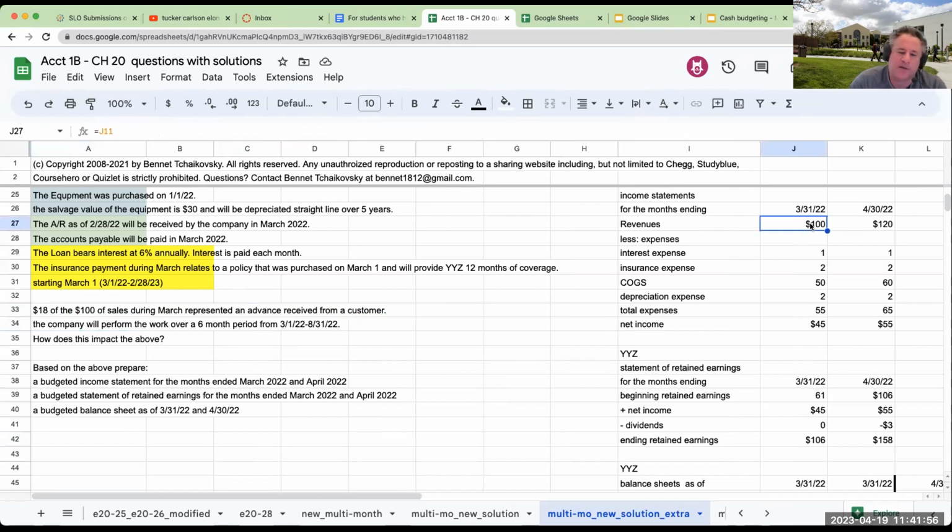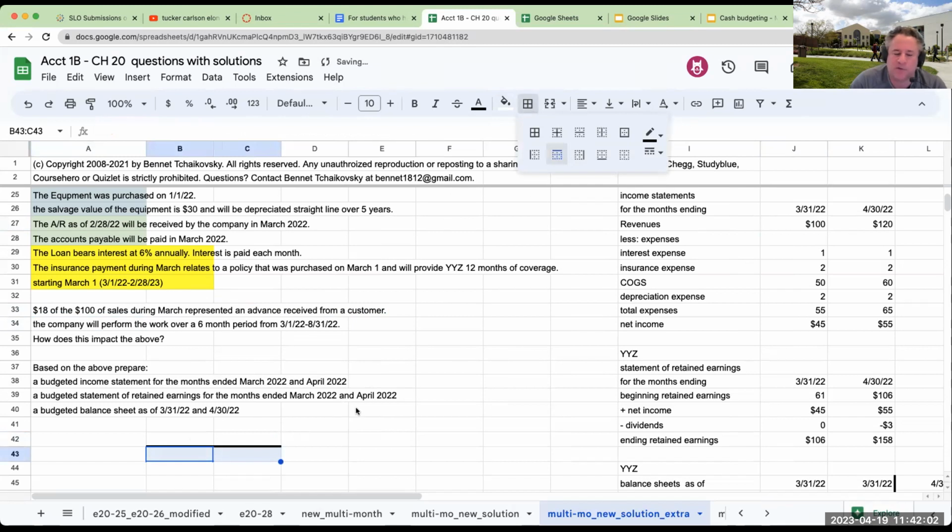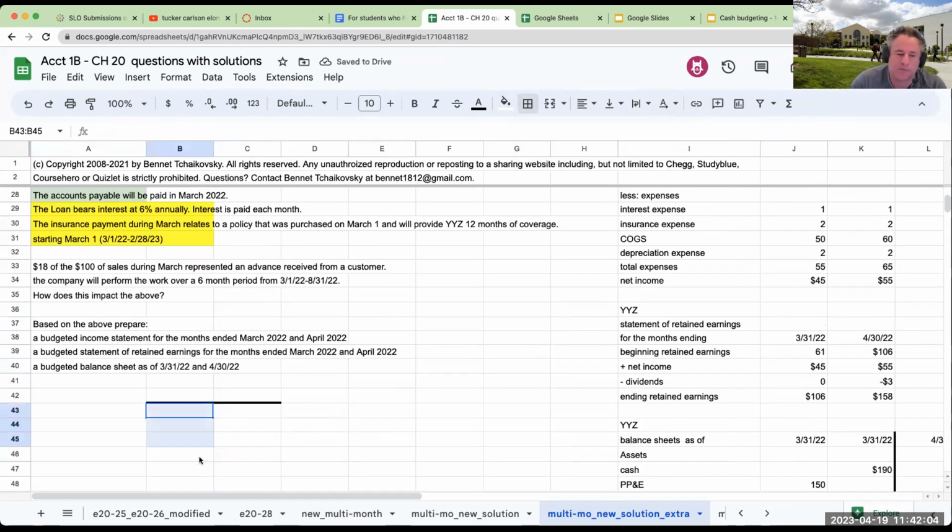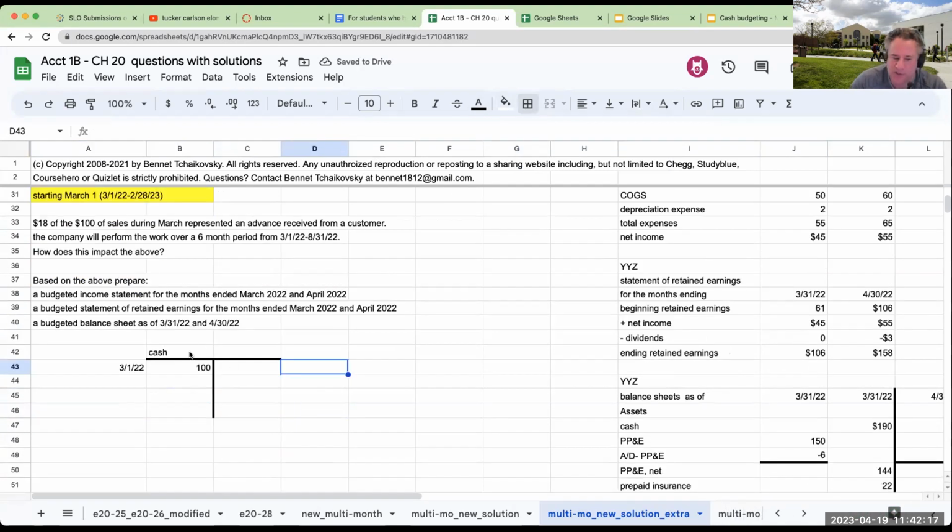What that means, when I'm looking at this using T accounts, is that the cash I received isn't changing. I got 100,000 of cash on 3/1/22. But what is changing is what accounts I distributed this to.